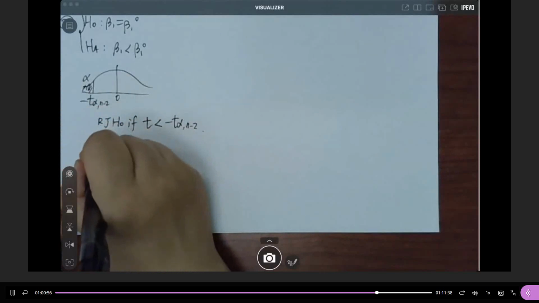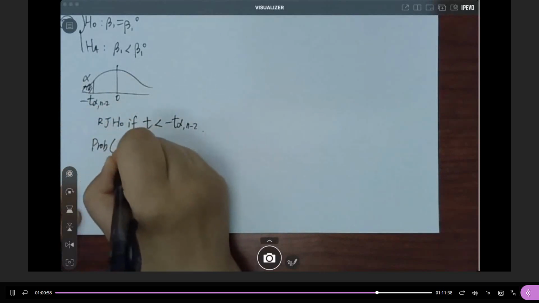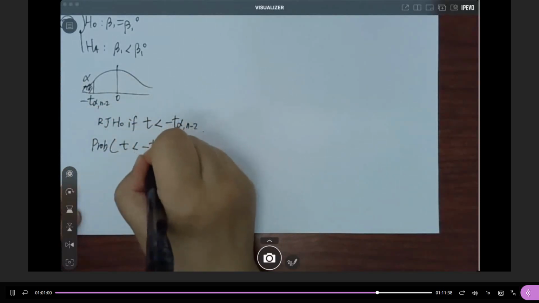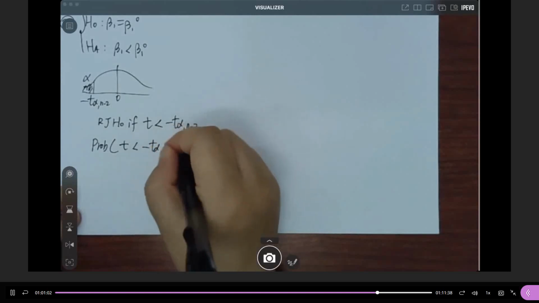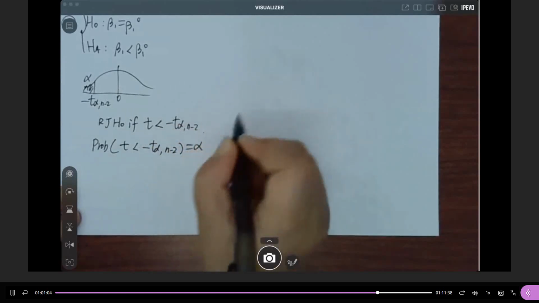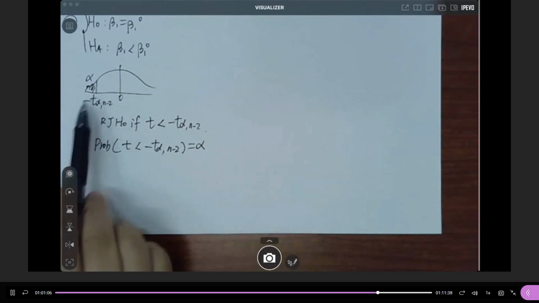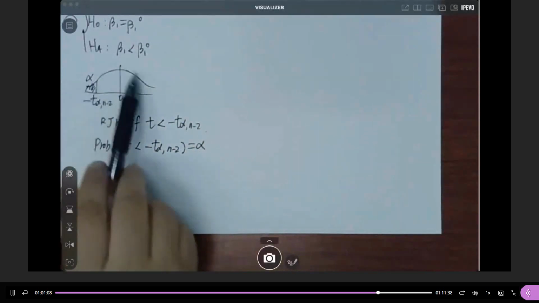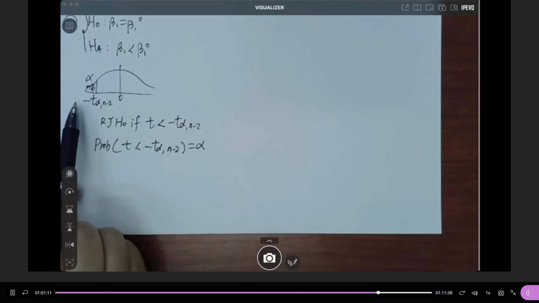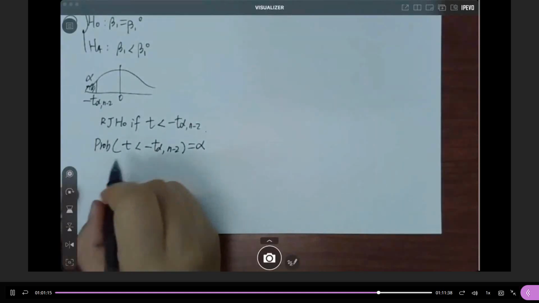So basically, using a similar approach, we can write the probability for t to be less than negative t alpha with n minus 2 degrees of freedom equal to alpha, right? That's precisely the definition of the cutoff value. The probability for a t-distributed random variable to be less than this value is exactly alpha.